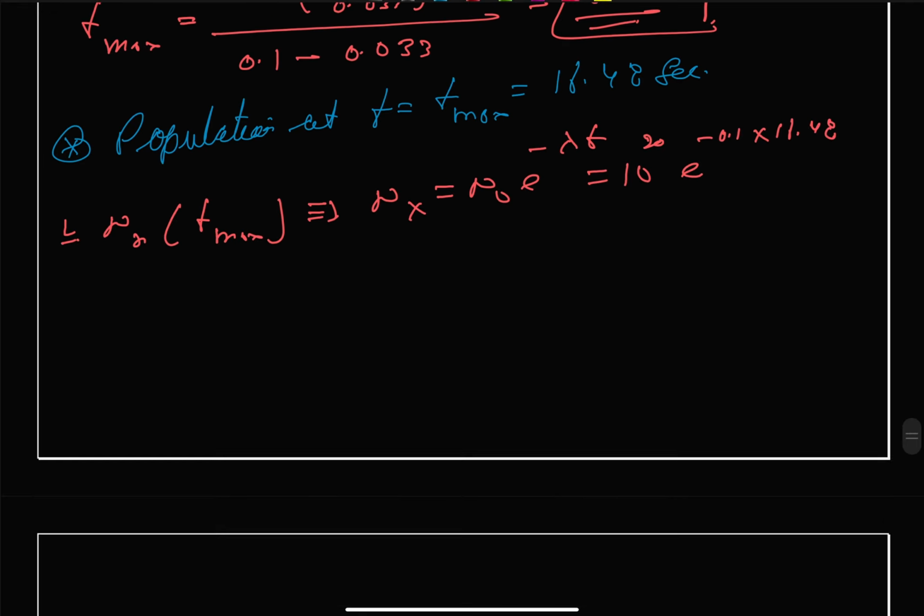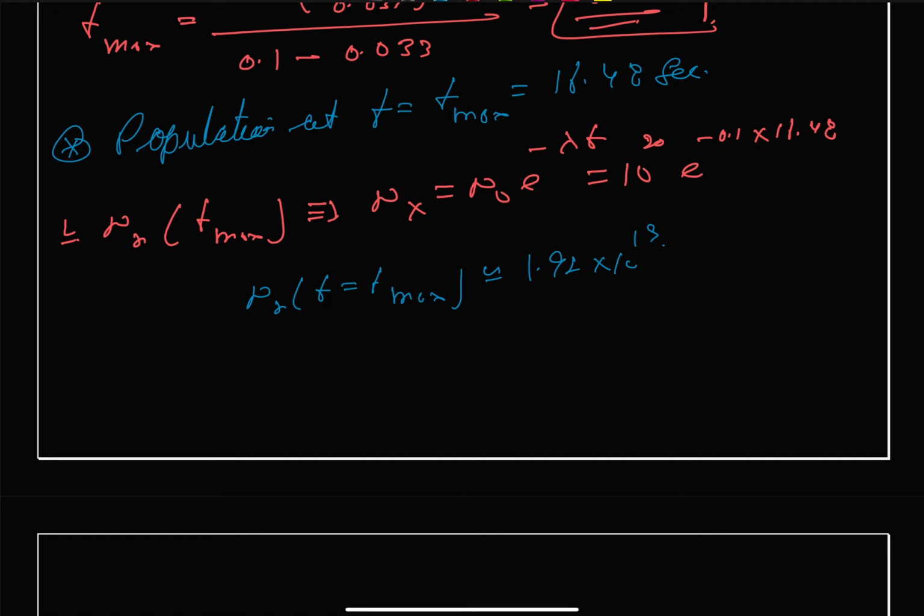We can write that our nx at t equal to t max will be approximately equal to 1.92 into 10 to the power 19.